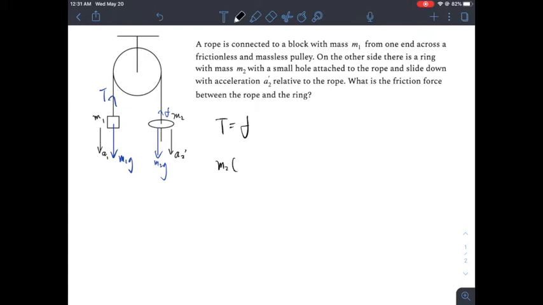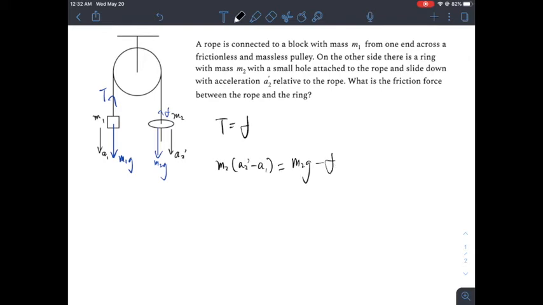Then based on this result, we can list out Newton's law and the balancing of force. We can list out some system equations. First, because a2 prime is the relative acceleration of the block to the rope, we want to know the acceleration relative to the ground, so we need to subtract a1.